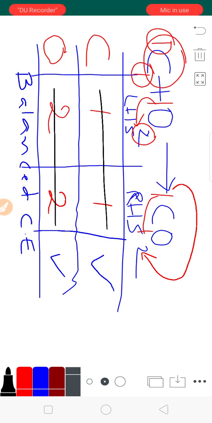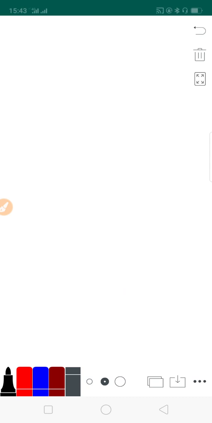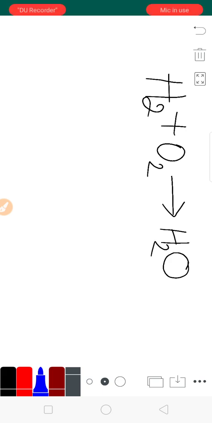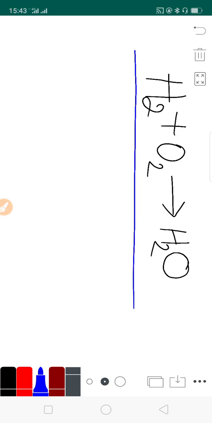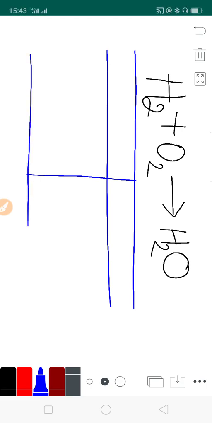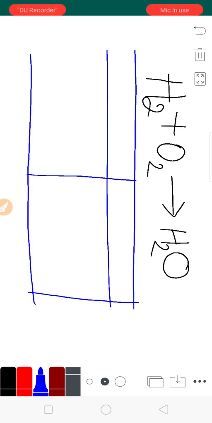Let us see one more example and let us analyze whether it is a balanced chemical equation or not. H2 plus O2, hydrogen plus oxygen gives water, H2O. Let us construct a table of LHS and RHS and various elements which are present.